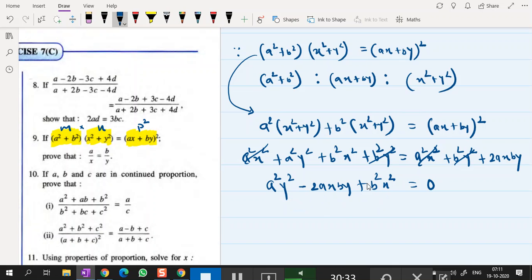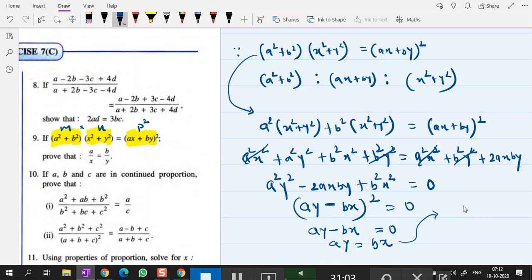So this is nothing but an identity of the form a minus b the whole square. So ay minus bx the whole square is equal to 0. If you take square root of both the sides, you get ay minus bx is equal to 0, and that gives you ay is equal to bx, which means that a by x is equal to b by y.